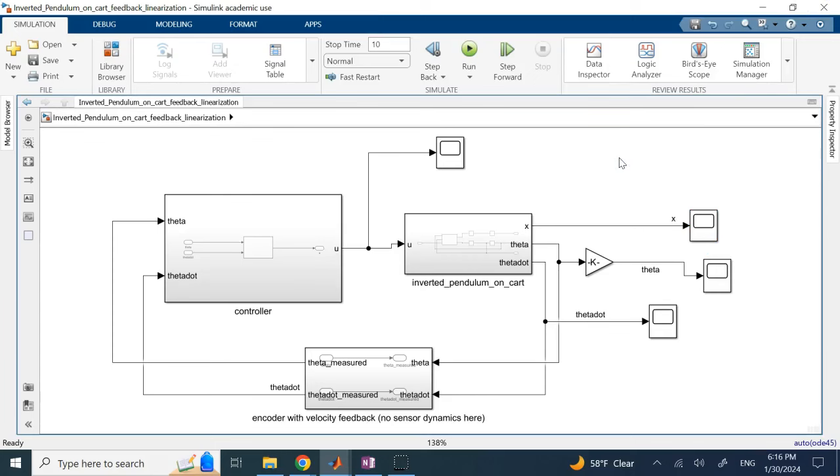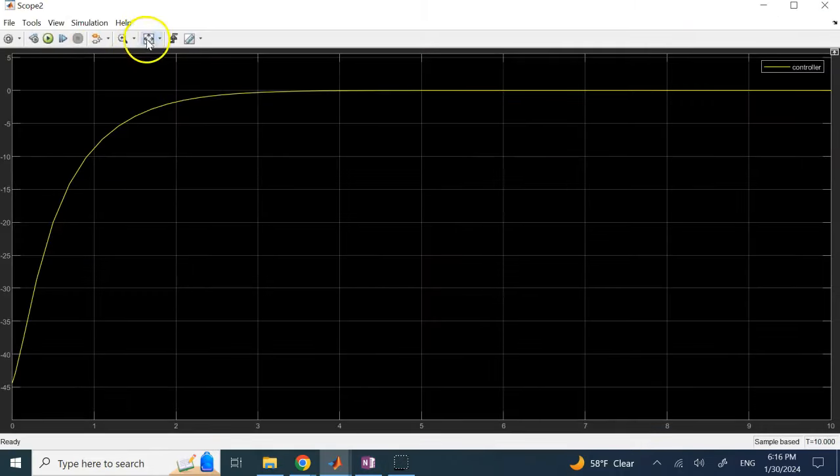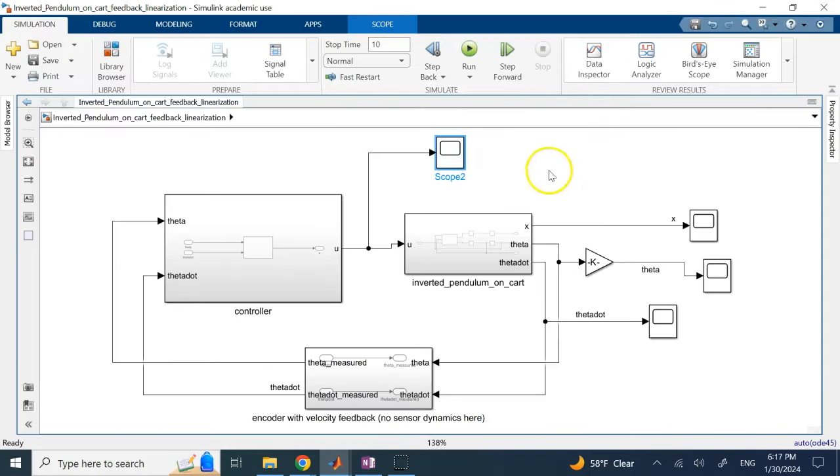It's only theta that you control, and if you want to see the control signal, this is how the control signal does change versus time. Okay, so you see it's a negative motion, and the reason is my initial angle was negative, so I have to move to the left to compensate for that. Okay, so this is a simple demo.